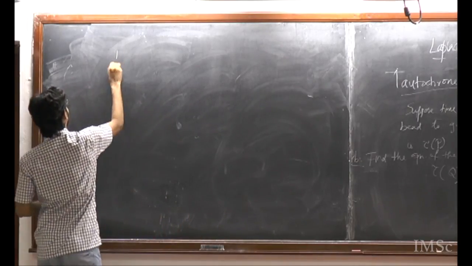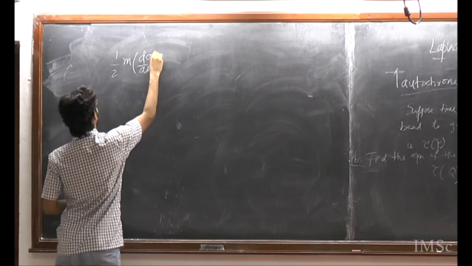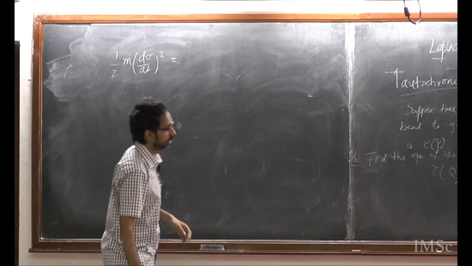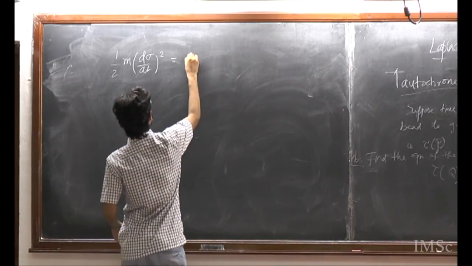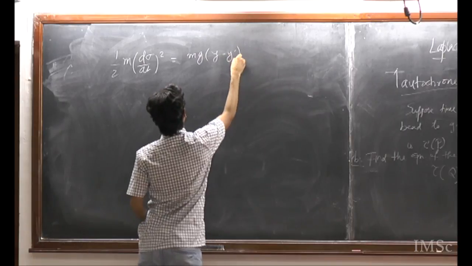So you get half m (d sigma over dt) whole squared equals mg (y minus y prime).